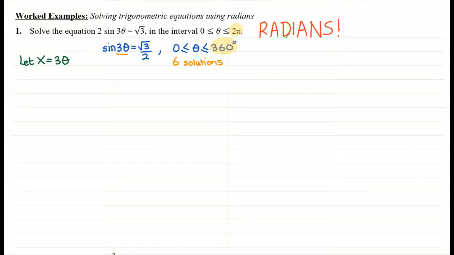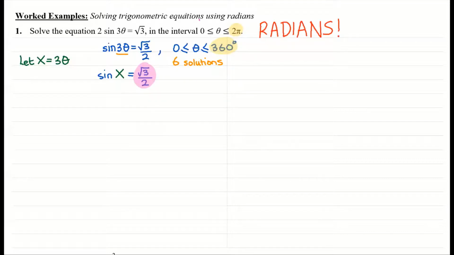We now know that sine of big X is equal to root 3 over 2. We know this is a nice value, so we're not going to be dealing with decimals here, which is good. The root 3 over 2 is a positive value.